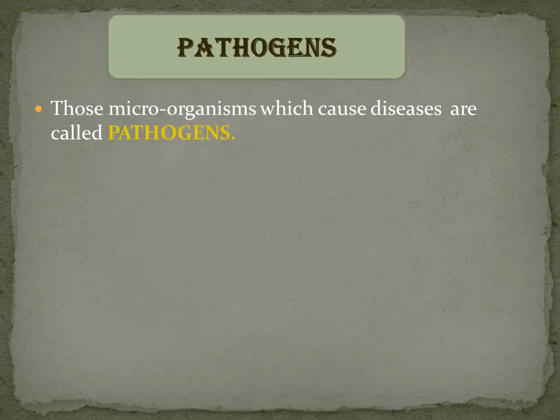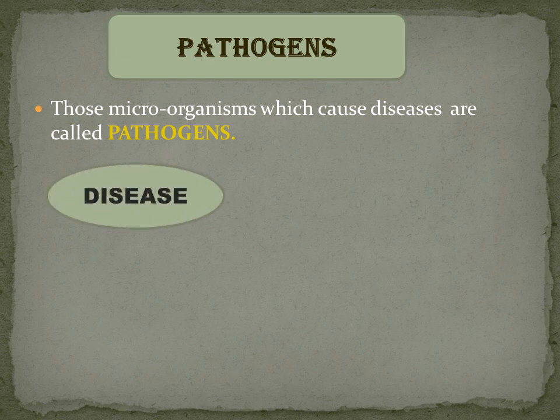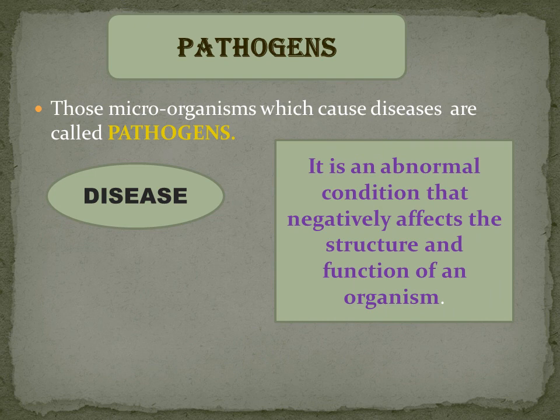Those microbes which cause diseases are called pathogens. Now, what is a disease? Disease is basically an abnormal condition that negatively affects the structure and the function of an organism.